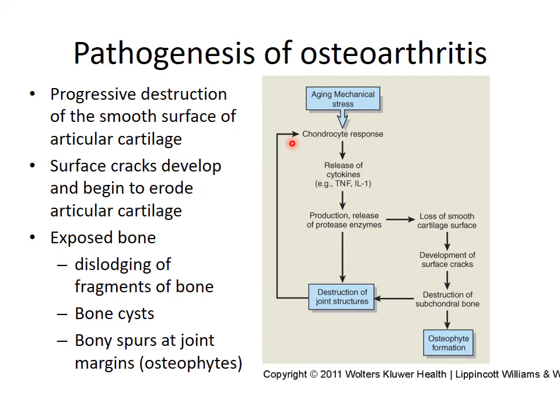And the cartilage cells, the chondrocytes, respond by releasing cytokines. Again, we see these destructive enzymes chewing up joints. We eat up the cartilage, we get surface cracks, we break the bone, and we have bone spurs. Osteophytes can show up as well. So you can see bone cysts, bone spurs, little fragments of bone that are dislodged.